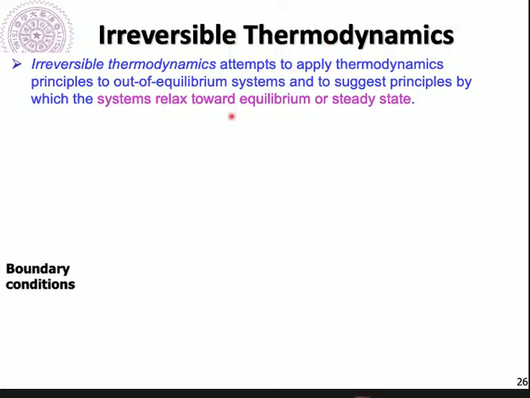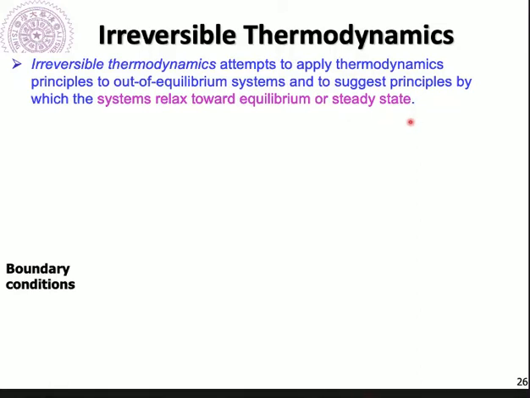But here, as we know, for steady state or non-steady state, any kinetic process is irreversible thermodynamics. So what is irreversible thermodynamics? It tries to apply thermodynamic principles to describe systems that deviate from the equilibrium state, and then move toward either the equilibrium state or a steady state.